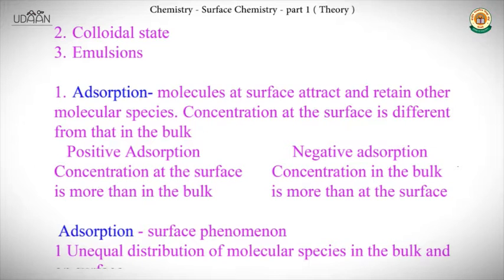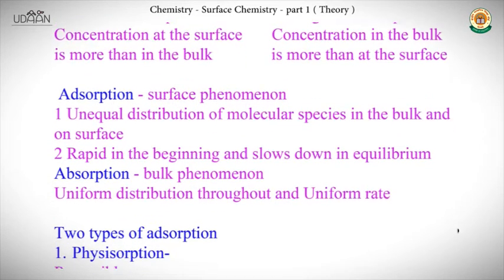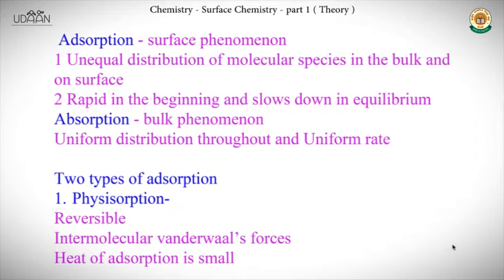Now, there's another phenomenon that we often come across, which is absorption. We should not confuse the two, because adsorption is a surface phenomenon and absorption is a bulk phenomenon.